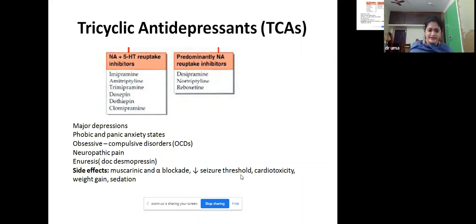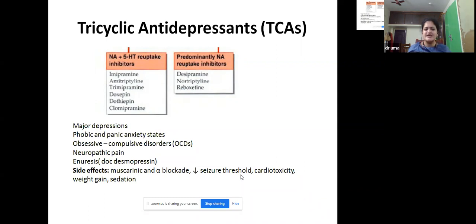They are mainly used in major depression, phobia, panic states, OCD, but for these conditions the drug of choice is SSRIs, selective serotonin reuptake inhibitors. They are also used for neuropathic pain and enuresis, but the drug of choice for enuresis is desmopressin.